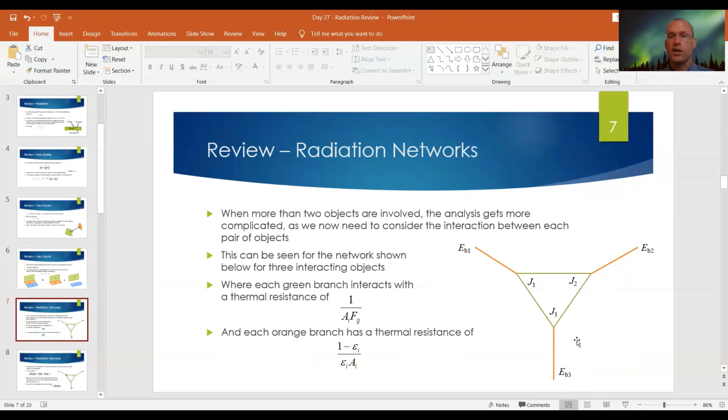Each of these orange lines has a thermal resistance, (1 minus epsilon) over (epsilon A). You can generalize this to more than 3 objects, or even down to 2 objects. So leaving the surface, I need to get to my J, with this resistance, then get to the next object using the shape factor, and then it needs to be absorbed into the object, again using that same (1 minus epsilon) over (epsilon A) resistance.